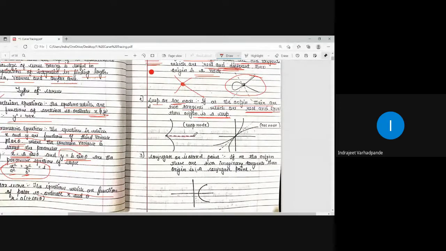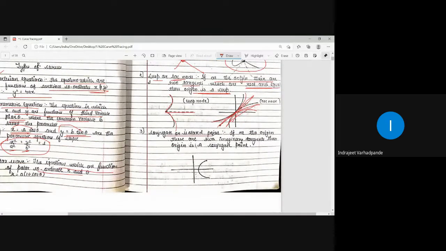Real and equal means one and the same line, they will be coinciding with each other, there won't be two different lines visible. So therefore in that case I say that it is a cusp and it is drawn in this way. Or the other possibility can be this is a simple single tangent wherein it is coinciding and these are the curves which are drawn, and we call it as a tack node.